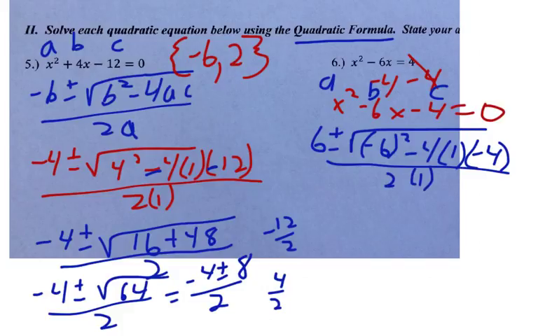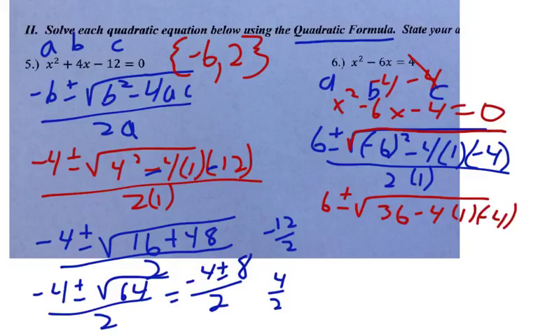And then I just simplify using order of operations. So inside of my square root here, I'm going to do exponents, and then I'm going to multiply. So 6 plus or minus square root of 36 minus 4 times 1 times -4. And now I want to multiply next.